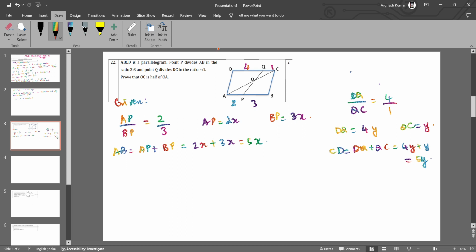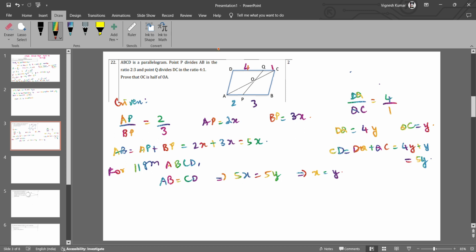But for parallelogram ABCD, we have this property that the opposite sides are equal. So we can write AB is equal to CD, which implies 5x is equal to 5y, which gives us x is equal to y. So we will use this condition later.